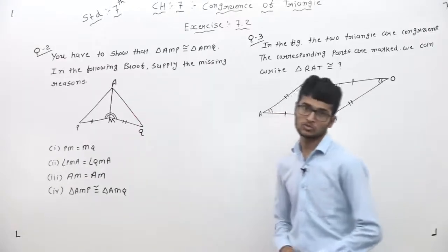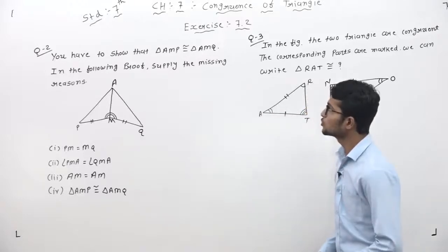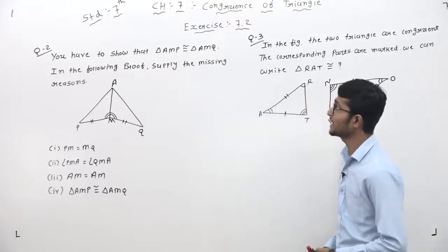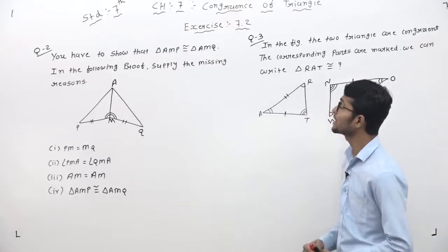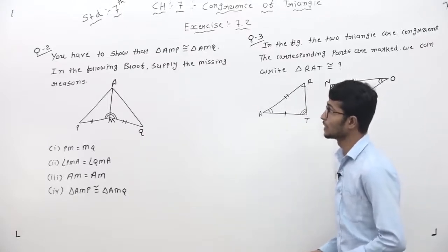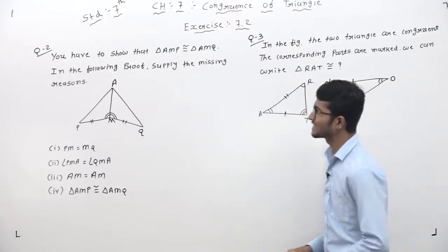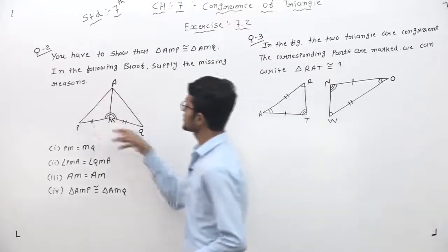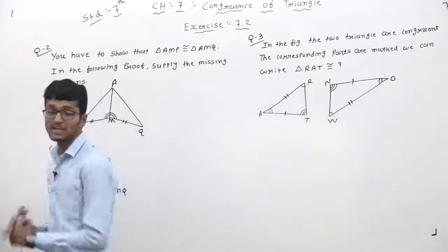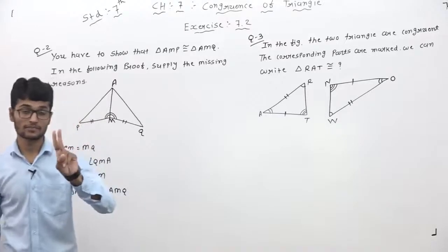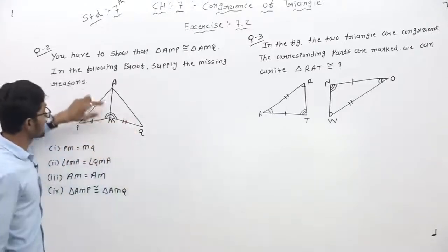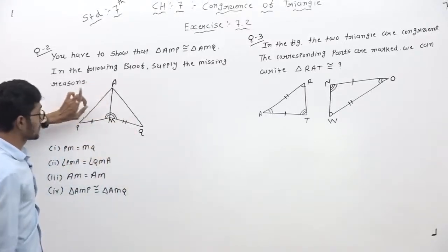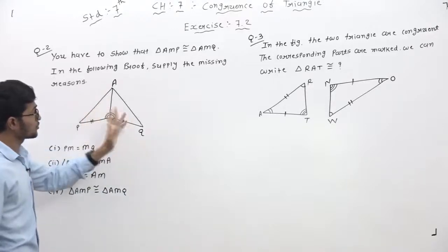Now question number 2. In question number 2, you have to show that triangle AMP is congruent to triangle AMQ in the following proof. Supply the missing reasons. This one is our triangle. In this figure, how many triangles are there? Two triangles. One triangle is AMP, this one is my first triangle, and AMQ, this one is my second triangle.